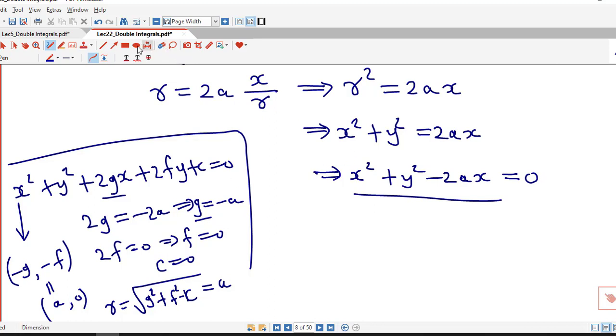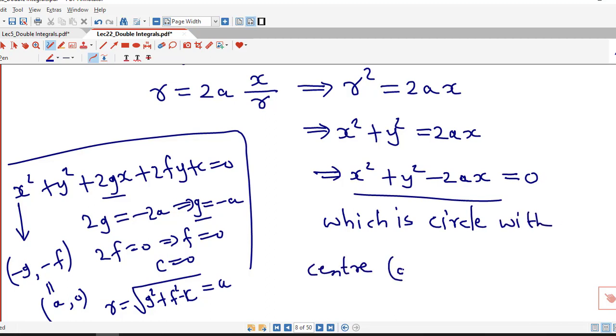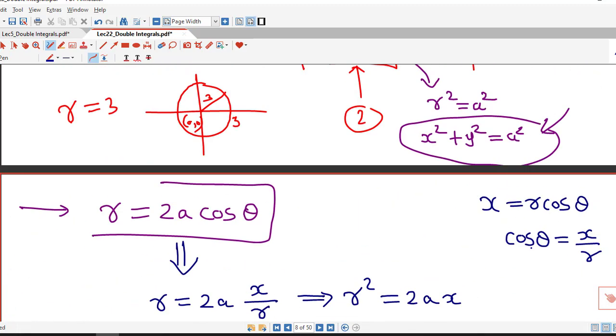So this is the equation of a circle with center (a, 0) and radius a. So r equal to 2a cos theta represents the circle with center (a, 0) and radius a.